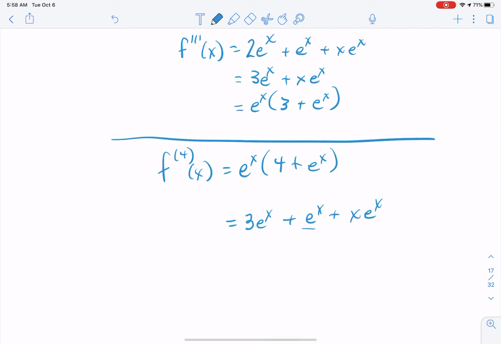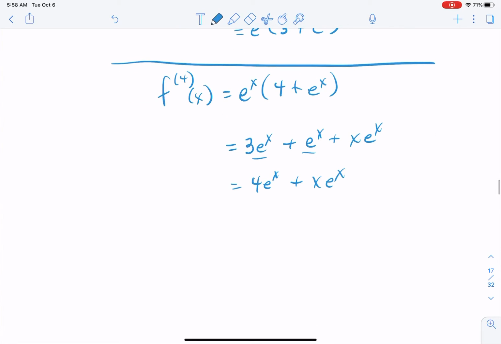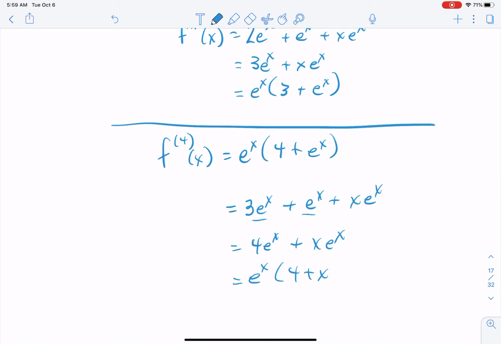And when I combine my like terms, I get 4 of them. And then whenever you factor out an e to the x, you get 4 plus x. Oh, so I was wrong. This shouldn't have been an e to the x inside here. This should have been an x, silly. Man. All right, there we go.